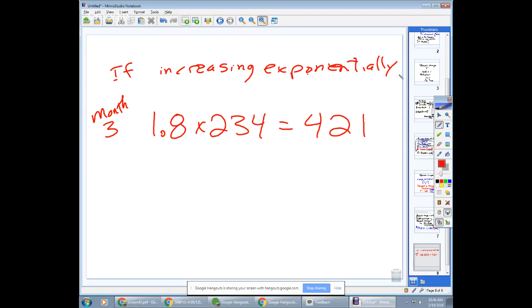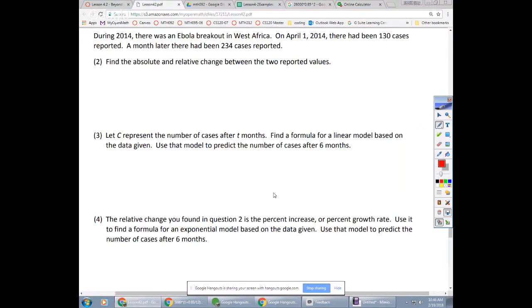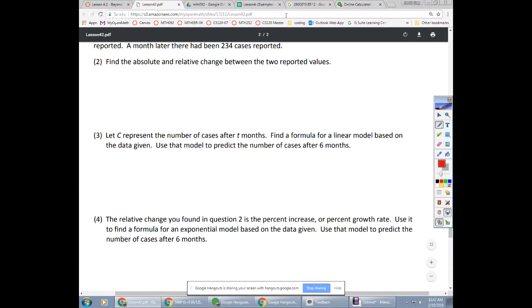You're going to have 2 different models, a linear growth model and an exponential growth model over time. So number 3 is to come up with that linear change equation. 4 is to come up with the exponential change equation. For each of them you're going to first predict what's happening 6 months later.